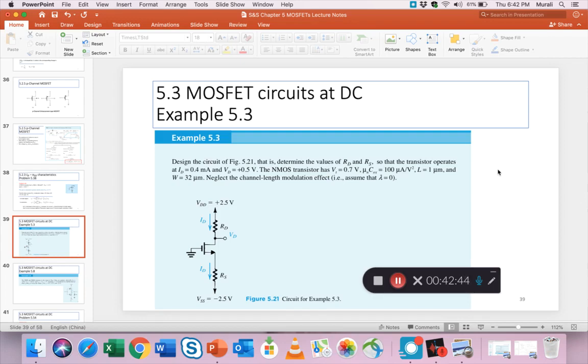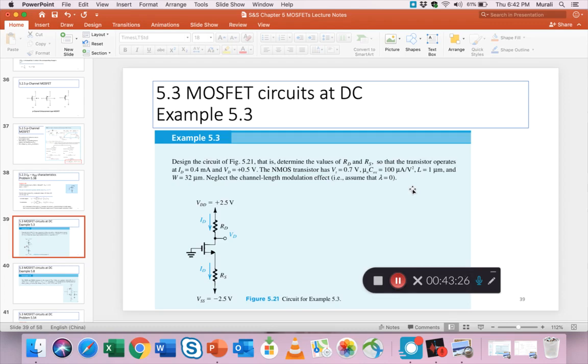Remember, I told you all this is about biasing or finding an operating point for the transistor, which means basically finding a certain value for the resistors that connect the device to the supply voltage, so that we get a certain desired value for VD and correspondingly ID.